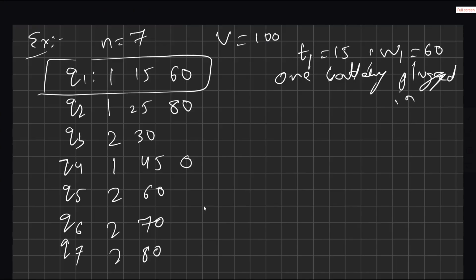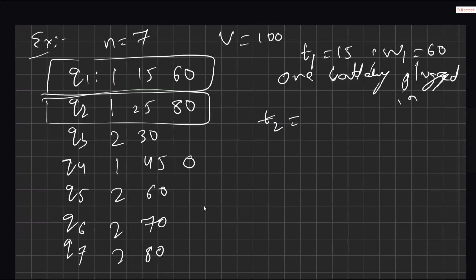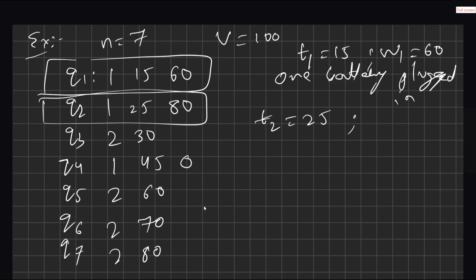Now when we look into the second query, the query type is again on, so we have to plug in again. At time 2, which is query number 2, the time is 25 right now, and we are plugging in a battery whose voltage is 80. The difference here is 10. We had plugged in one battery whose voltage was 60 at time 15, and now it's 25.